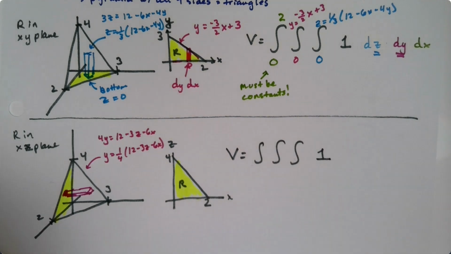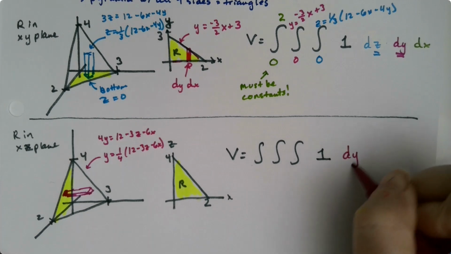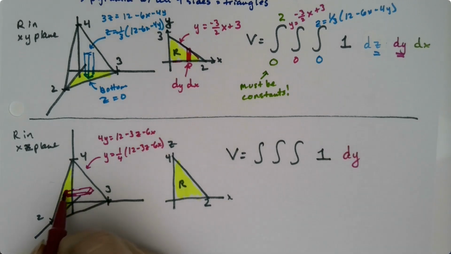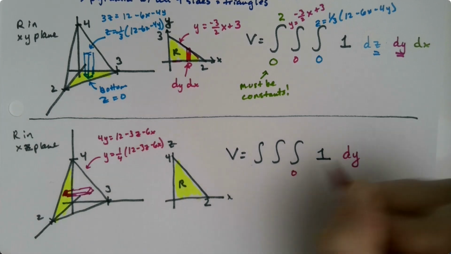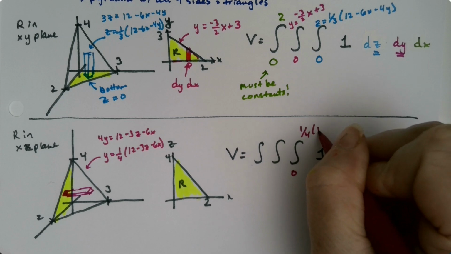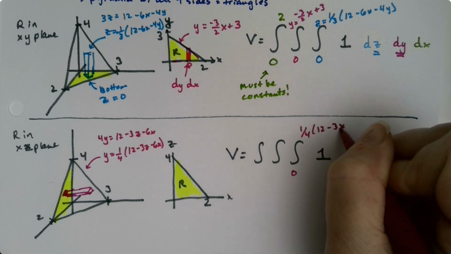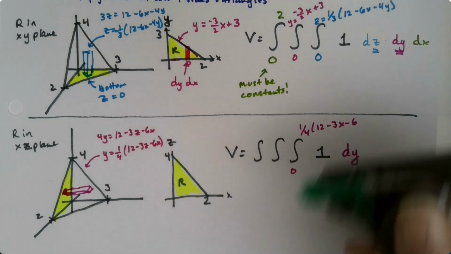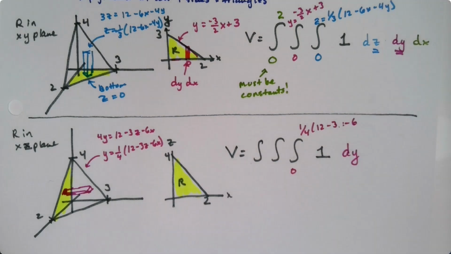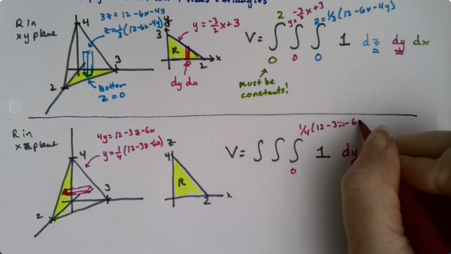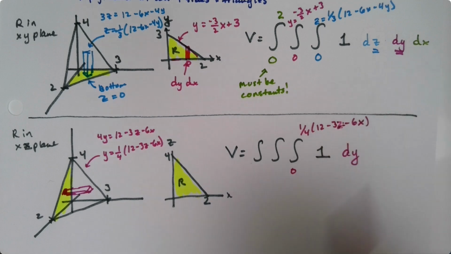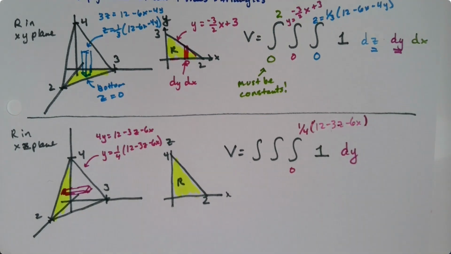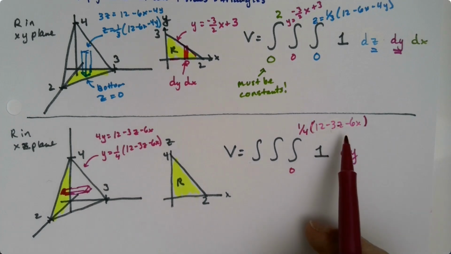It's 1, and I'm doing dy first. And y goes from 0, which is where the pillar starts over on this plane, so that's 0, to 1/4 (12 take away 3z take away 6x). Sorry, I couldn't read my own handwriting there. There, I was unhappy with my writing, but I made it worse. So what you gonna do?